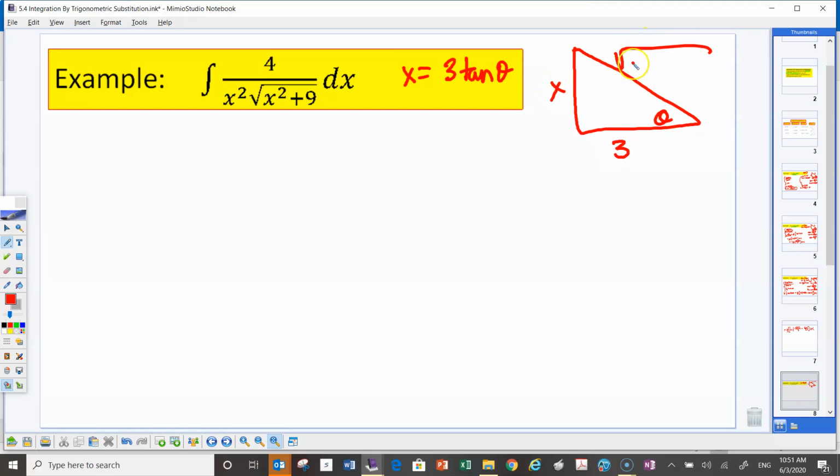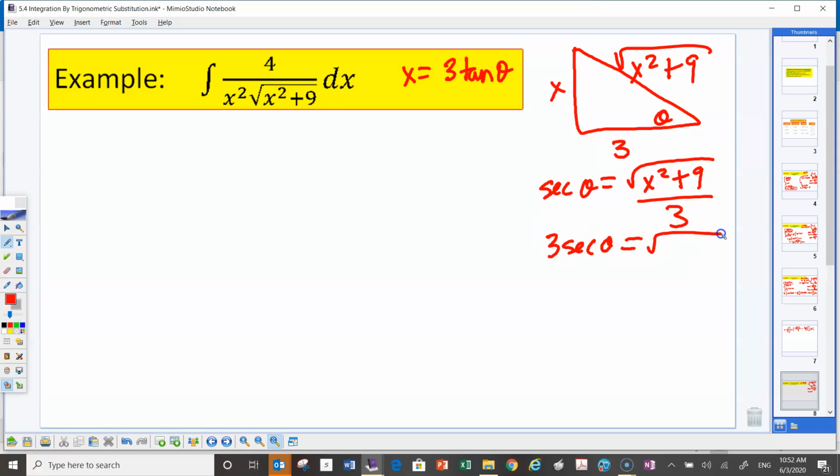So this is going to be the hypotenuse, which is the square root of x squared plus 9. So again, to isolate the square root of x squared plus 9, I could say that secant theta is equal to the hypotenuse over 3. Therefore, 3 secant theta is the square root of x squared plus 9.